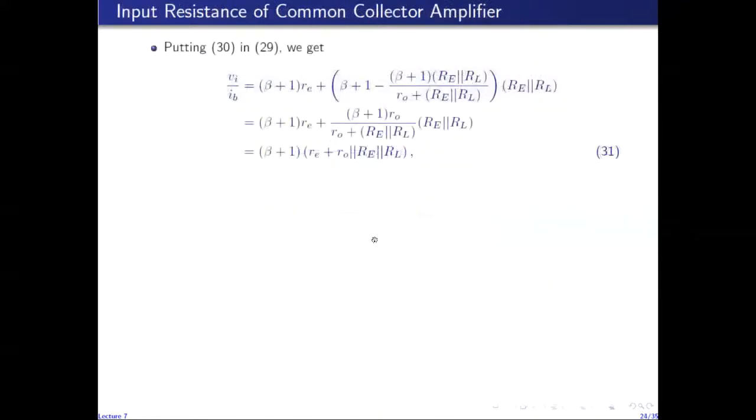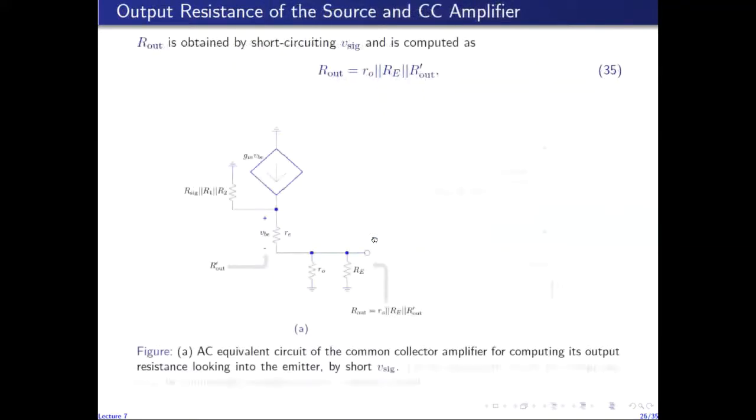So the reduced AC circuit for finding Rout is given by this diagram, in which, like I said, the base is not grounded anymore. It is connected to this resistance, Rsig in parallel with R1 in parallel with R2. And here I have shown r0 to be explicitly connected between emitter and ground, because the collector is at AC ground, so I explicitly show it to be in parallel with capital RE.